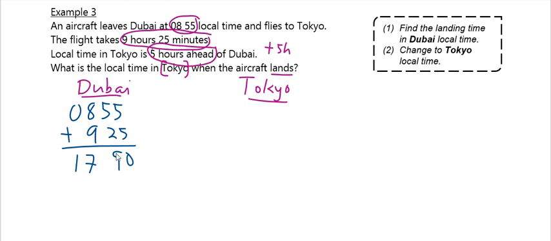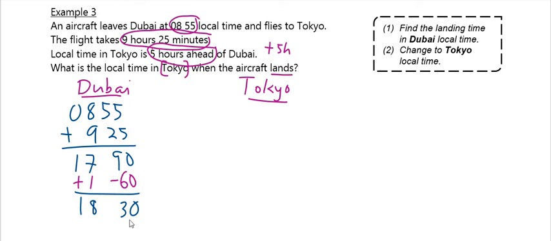What we're going to do is convert a part of the 90 minutes into an hour. You have to subtract 60, and the 60 minutes will go into the hour part. So 90 minus 60 is 30, and in hours, 17 plus 1 is 18.